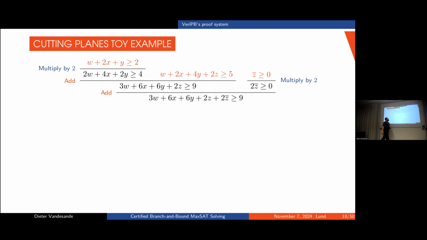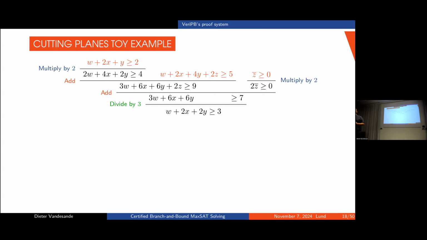And if Z is false, then I will have value 2 right over there. So we can divide by 2, and now we can subtract 2 from both sides. And actually, we have added literal axioms now to remove Z from the constraint. Doing this manipulation, we will call weakening. And then we can divide by 3, and we can round it up. These kinds of derivations we will be using all the time.